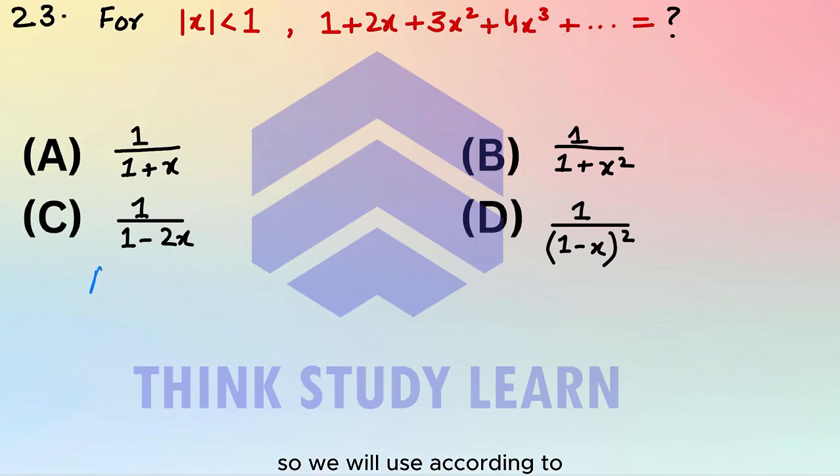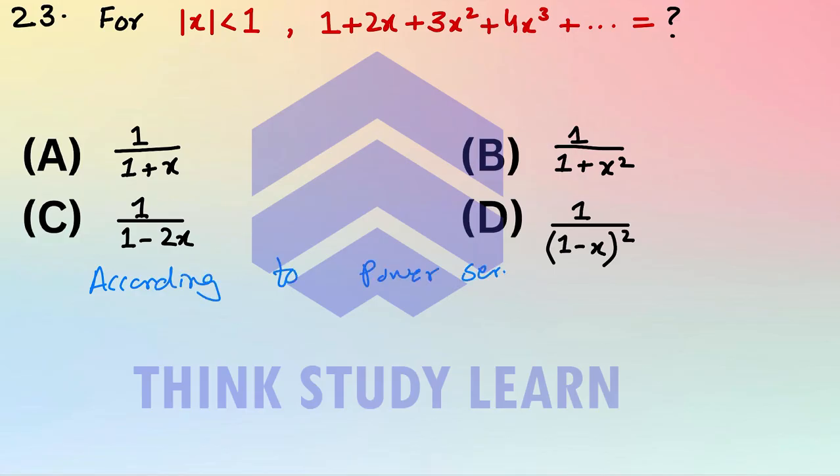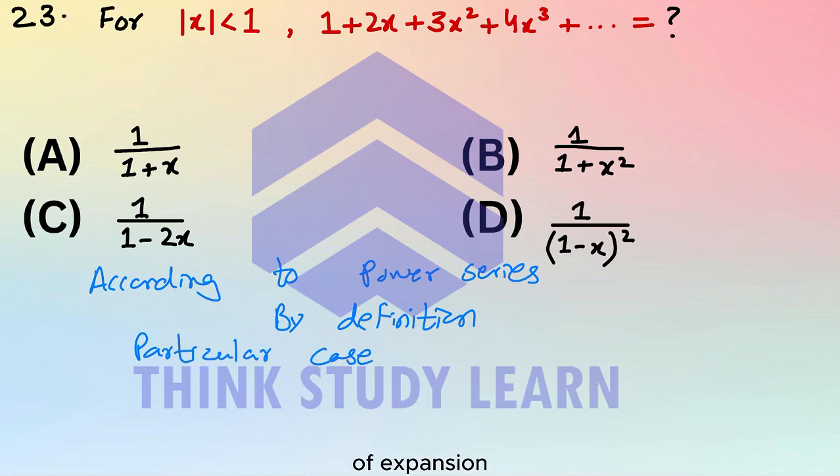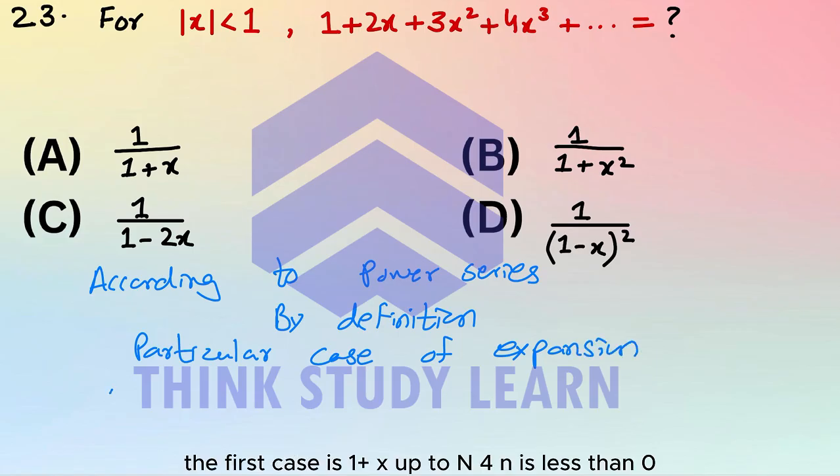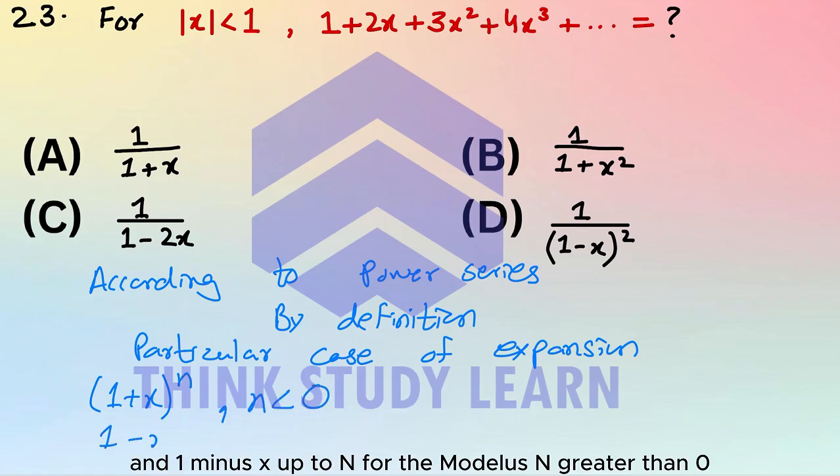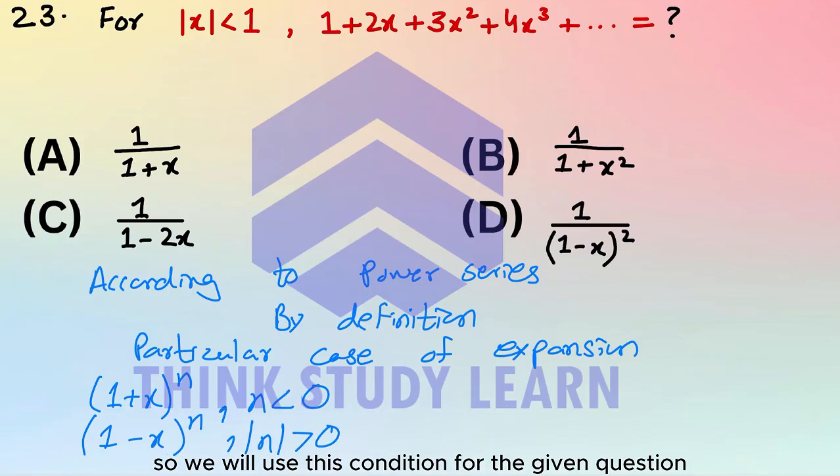So we will use, according to power series, we know that by definition, the particular case of expansion for these types of series, the first case is 1 plus x raised to the power n for n less than 0, and 1 minus x raised to the power n for modulus n greater than 0. So we will use this condition for the given question.